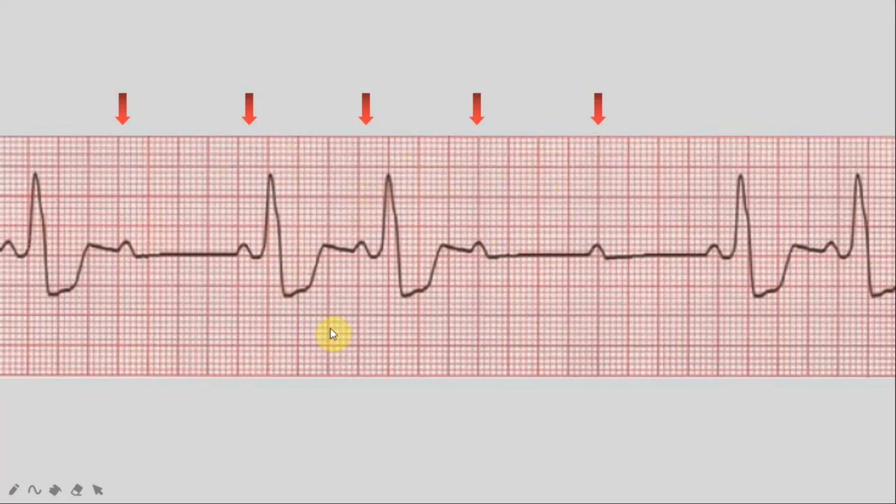But because the block is lower down in the conduction system, like in the lower part of the AV node, or maybe even in the bundle of His, right bundle branch, left bundle branch, or even at the level of the Purkinje fibers, this type of block is very important in the sense that they can collapse, they can develop complete heart block. They usually need a pacemaker.